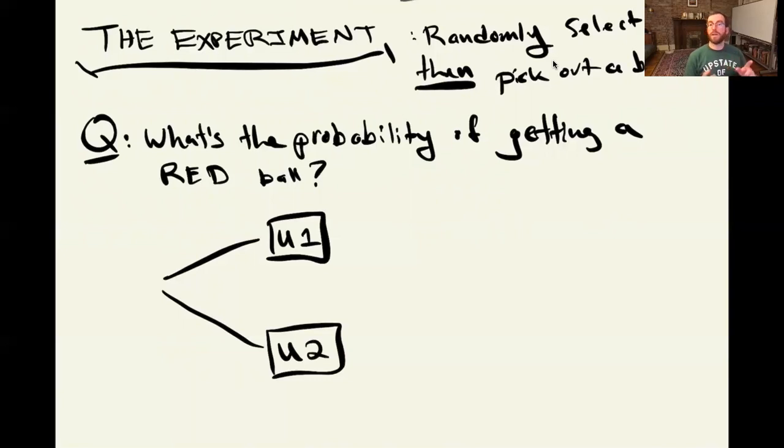If we're assuming that we're picking these urns uniformly at random, so we flip a coin, heads for urn 1, tails for urn 2, the probability of each of these paths is a half. And just to give this a name, we'll call this the probability of U1 equals a half, and the probability of urn 2 is a half.